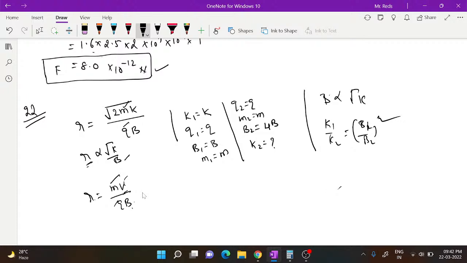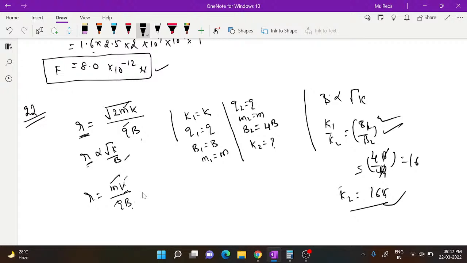So if that is the condition, then B2 we have taken as 4B, so it should be 16. If K1 is K, then K2 will be equal to 16K. If this is 16K and this is 4B, then it remains constant. That is what you can say if R is constant.